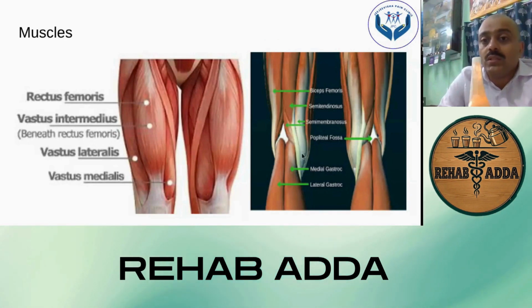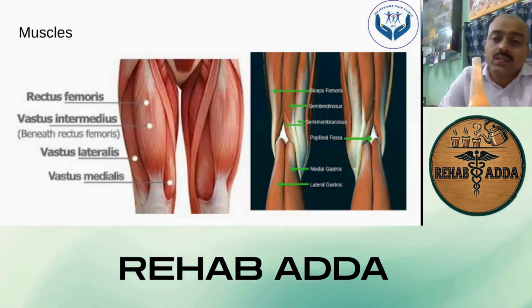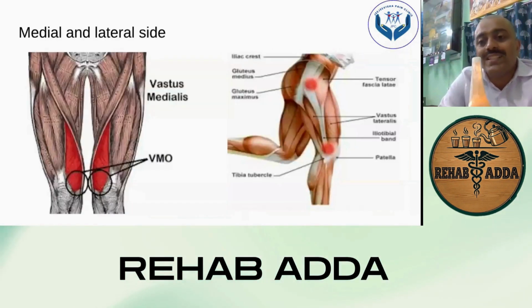As I already told you, this is the site for the artery and vein and nerves all around, and the medial gastrocnemius comes and attaches here, and the lateral gastrocnemius. In between these two is the site where the Baker's cyst is formed. And again, always remember, Baker's cyst also consists of synovial fluid, which gets thickened in due course of time.